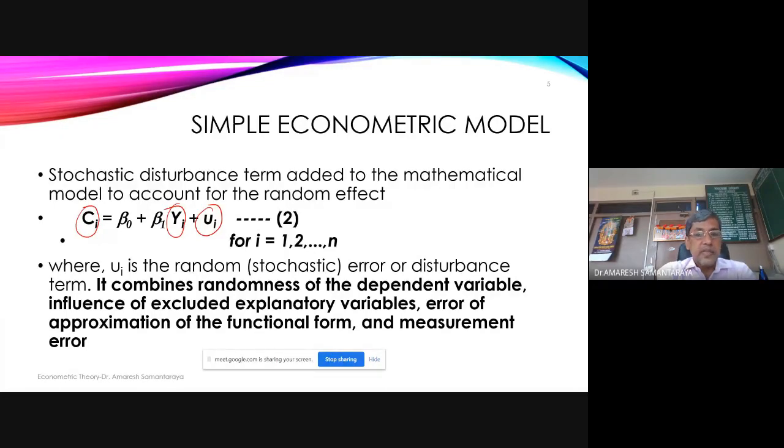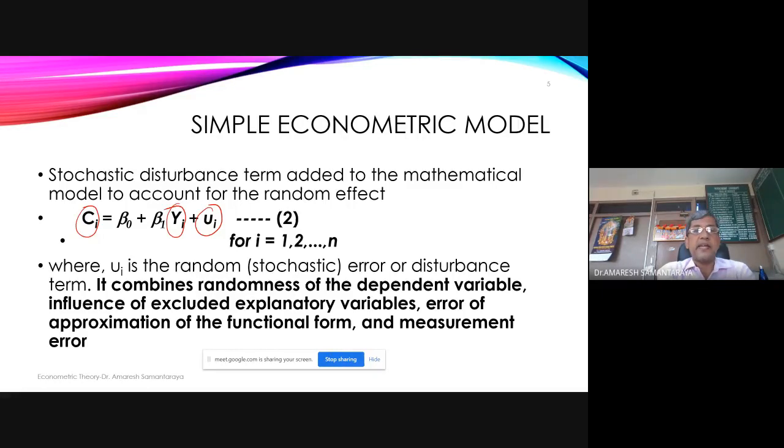Here in model 2, we have only Yi, that is disposable income or current income, as one explanatory variable. But all of us will agree that in addition to income, the wealth of an individual will also have a significant impact on consumption expenditure. So wealth is not included here. Similarly, family size can be one important variable. It is not included here.